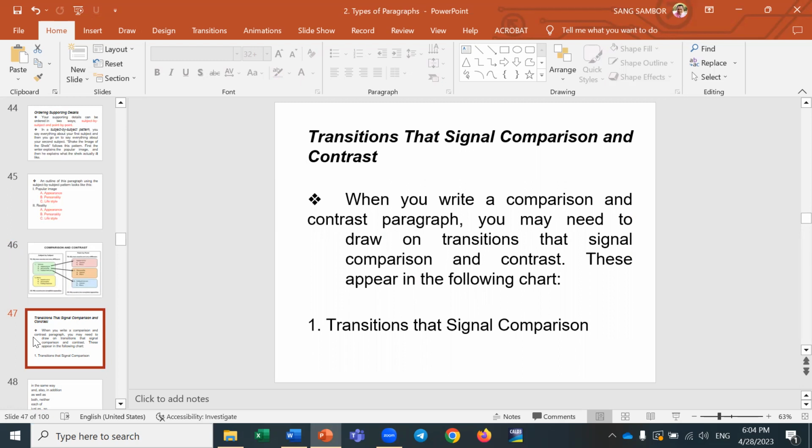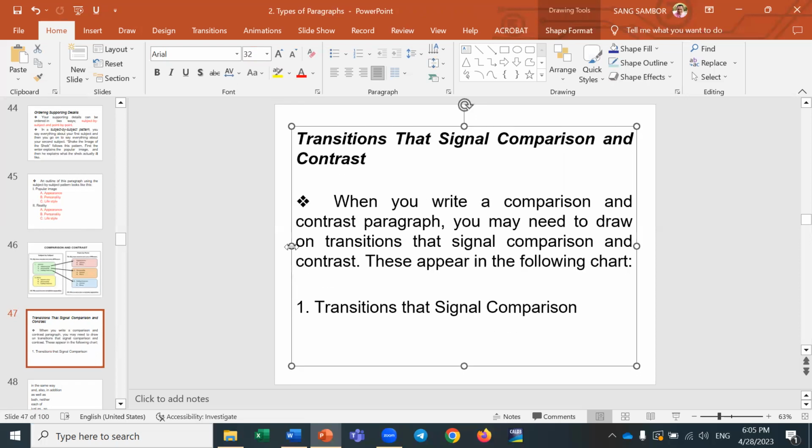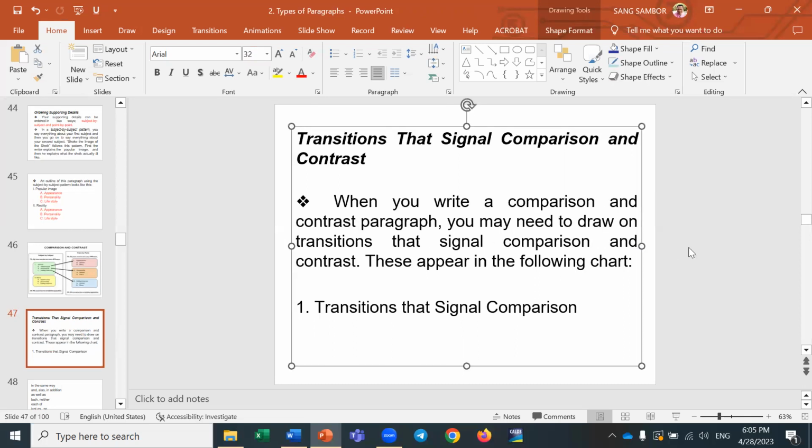Most of the time, in order to help you decide, you will have to read your topic sentence very carefully, to find out whether you are asked to include only the similarities, only the differences, or both the similarities and differences of the two items. There will be key terms for you as well.